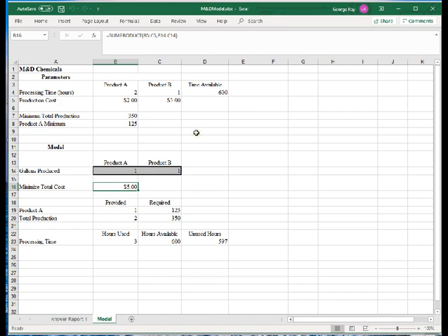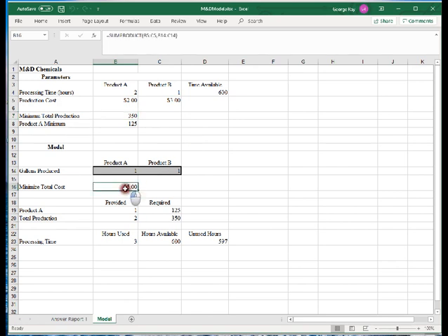We're also subject to certain constraints. Total available time is 600 hours, and it takes 2 hours to produce product A and 1 hour to produce product B. We also have to have a minimum production of product A of 125 gallons and a minimum total production of 350 gallons.